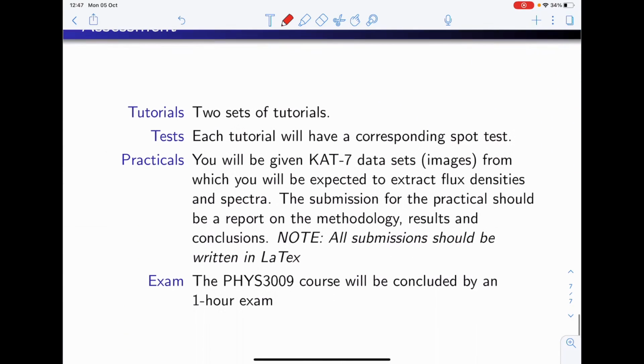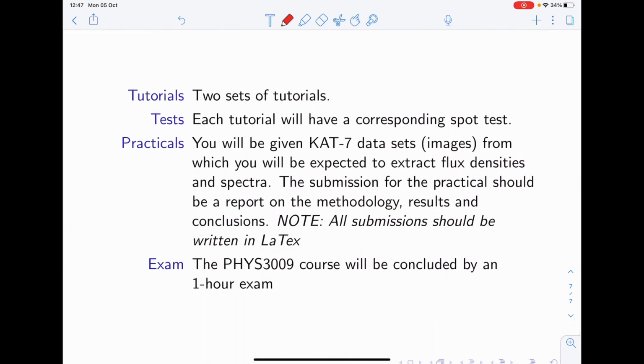For the assessment for this part, there will be 2 sets of tutorials. Each will be accompanied by a spot test. In the spot test, you'll be tested on the material from the tutorial. Okay. And then I will give you CAT7 datasets, images basically, from which you will be expected to extract flux densities and spectra.